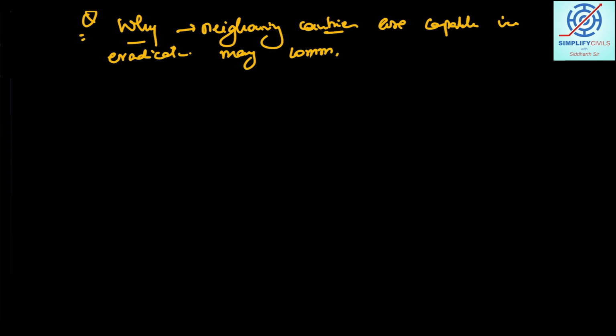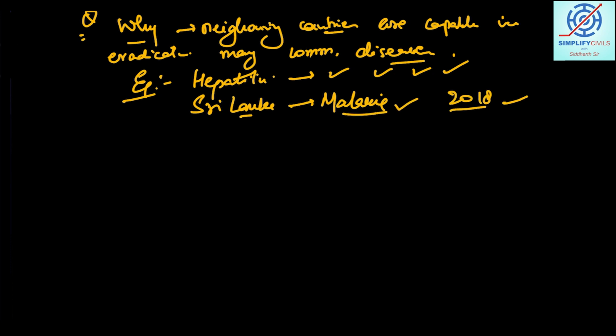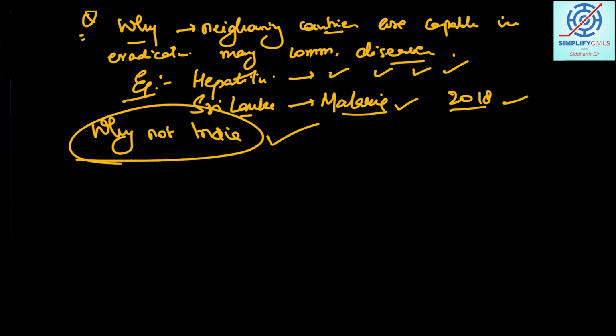The question may ask in a general sense about many communicable diseases and then give an example, for example hepatitis for these 4 countries, and it can also mention Sri Lanka, where malaria was completely eradicated in 2016 and 2018. So why these neighboring countries are capable, and why not India? Why is India not showing this capacity in eradicating the problem?